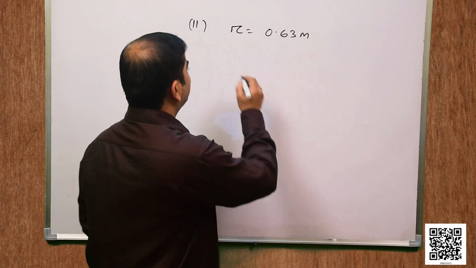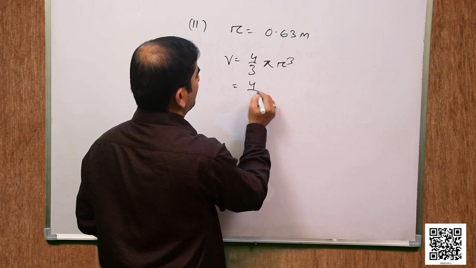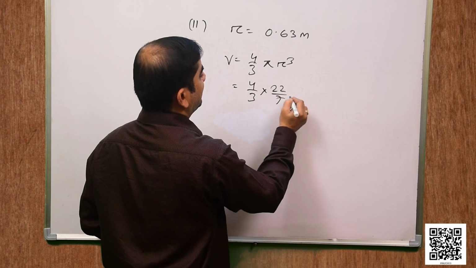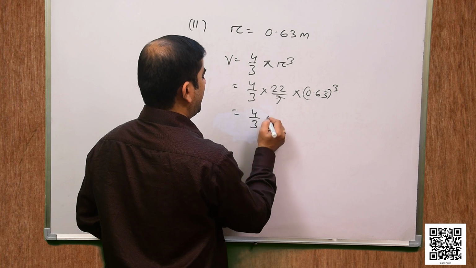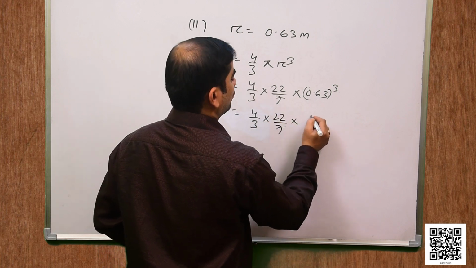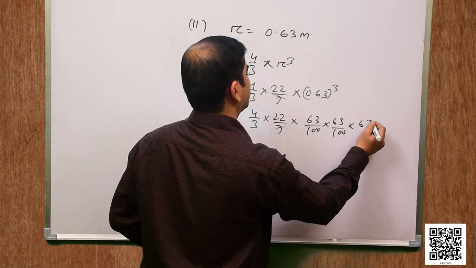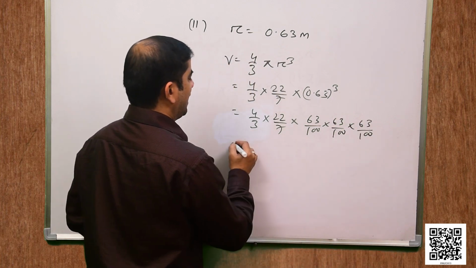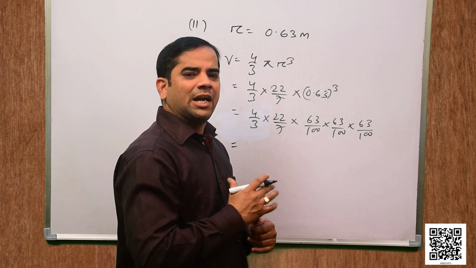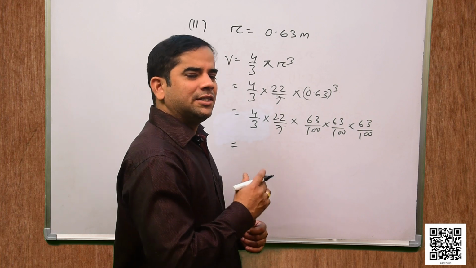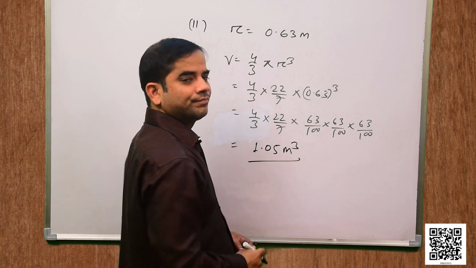So volume will be 4 by 3 pi r cube, that is 4 by 3 into 22 by 7 into 0.63 cube, or 4 by 3 into 22 by 7 into 63 by 100 into 63 by 100 into 63 by 100. Okay. And when we calculate, it will give us a value that will be equal to 1.05 meter cube.